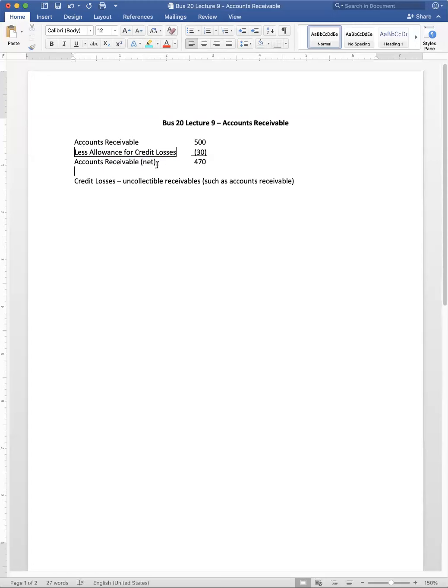Yeah, we saw that with the accumulated depreciation, right? So we saw that before with the accumulated depreciation, and that's the same idea again. The allowance for credit losses is a contra account, just like the accumulated depreciation was. In this case, the allowance is a contra account to the accounts receivable.